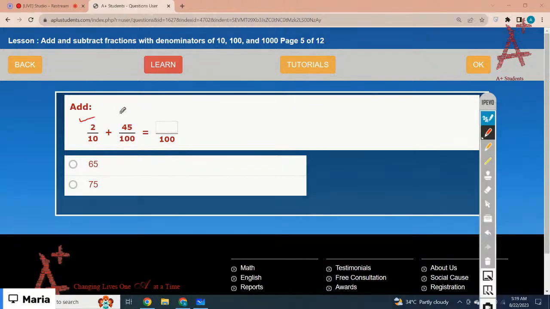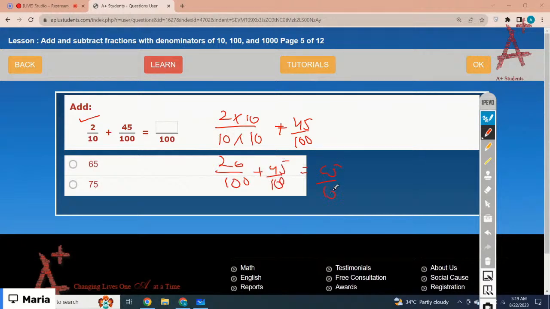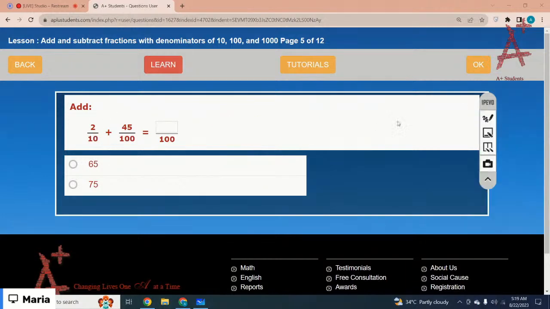It would be 2 times 10 over 10 times 10. It's very easy. Why are you not answering? 10 times 2 is 20 over 100 and plus 45 over 100. So 20 plus 45 is 65 over 100. So the missing number is 65, right? The correct option is 65 over 100.